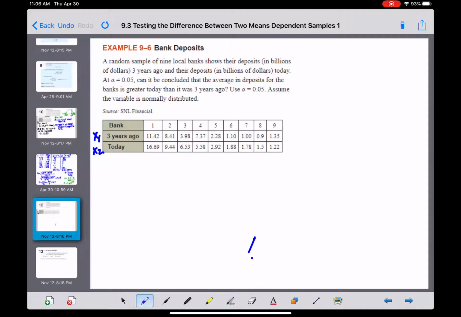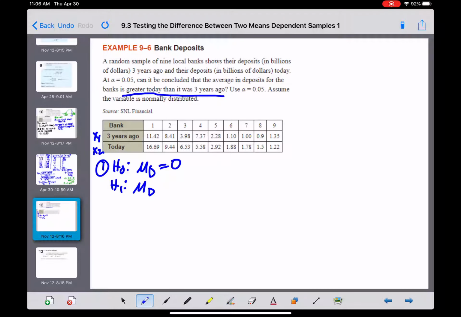Use alpha equals 0.05 and assume it's normally distributed. So our hypotheses: we're assuming the difference is 0, but our alternative, our claim, is that it was greater today than it was 3 years ago.